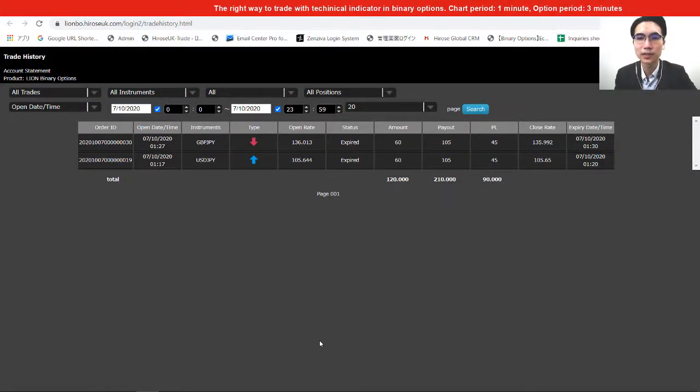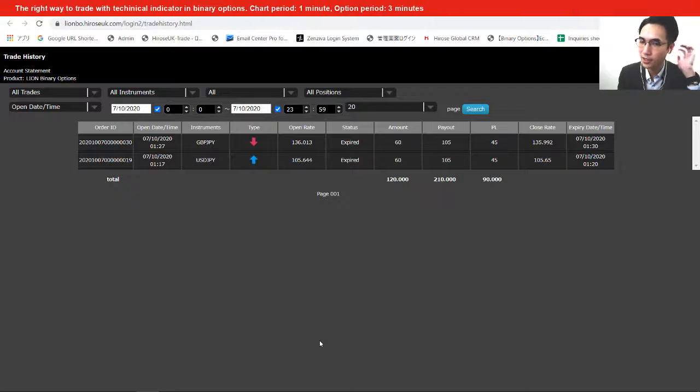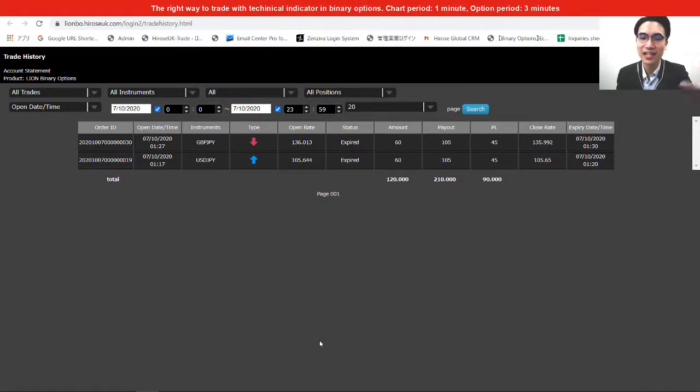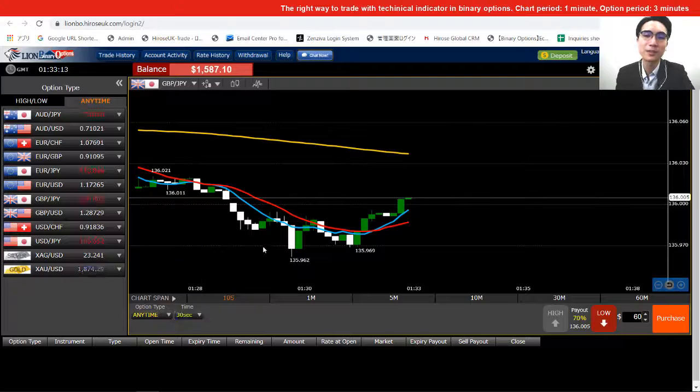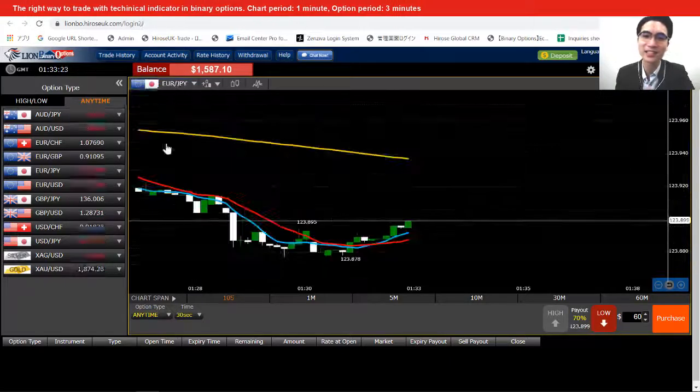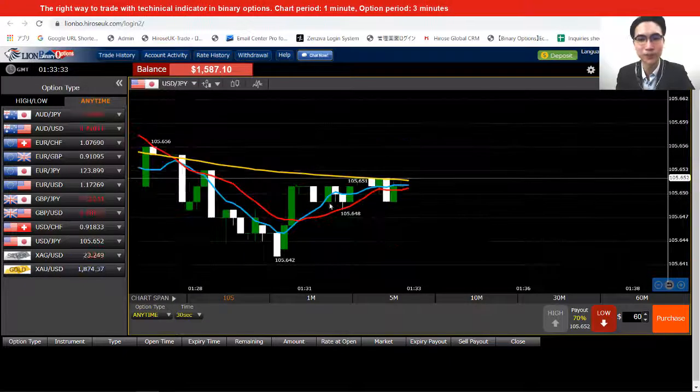So there's two trades for this first half session. So $90 profit. So I'm just gonna make a few more trades and just try to look at the moment when I open the position, just try to see how I spot the signal and how I trade right after the signal comes out. So yeah, I will see you again when the trades are finished.